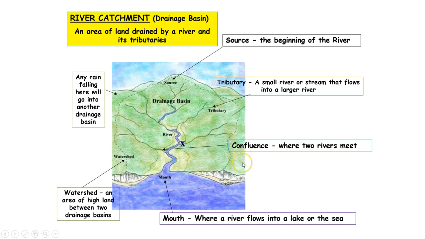Related to that is the confluence, where two rivers meet. So here we can see the confluence meeting the main river. Again, this black line representing a river itself, coming from a different area of the drainage basin into the main river. The mouth, where a river flows into a lake or sea.